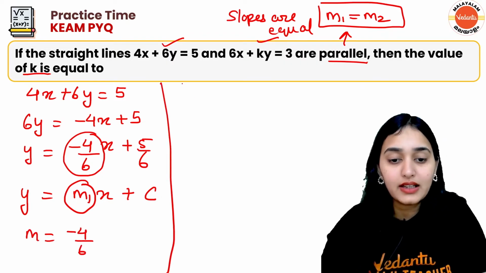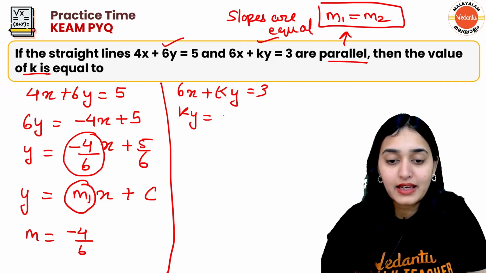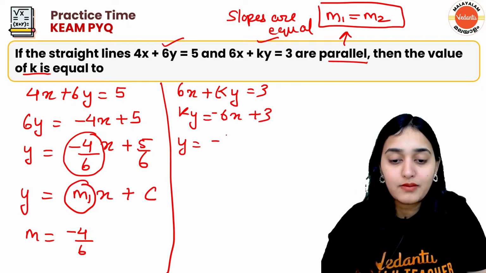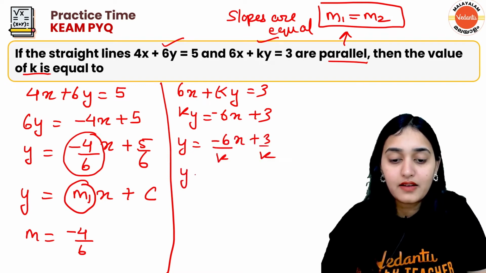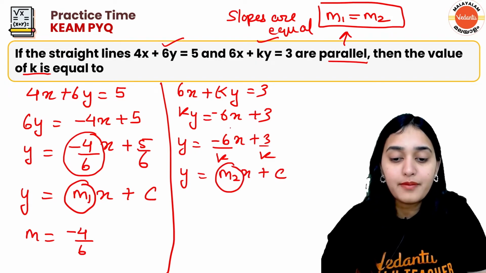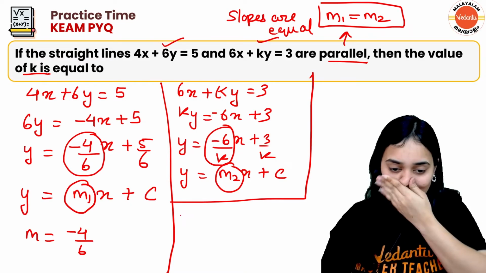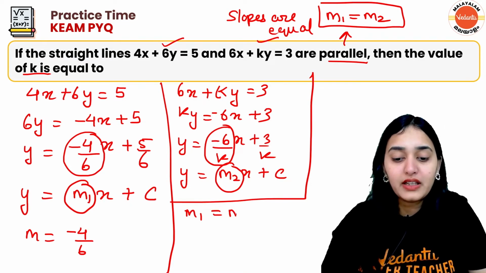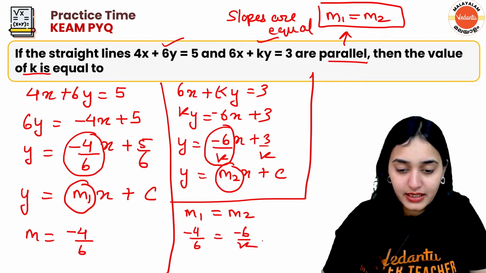Similarly, let us do it for the other line. 6x plus k times y is equal to 3. So k times y is minus 6x plus 3. So y is minus 6 upon k x plus 3 upon k. So here again y is equal to mx plus c. So what will be m? Minus 6 upon k. Now let us put m1 is equal to m2. Minus 4 by 6 is minus 6 by k.